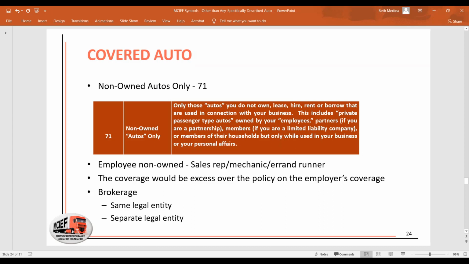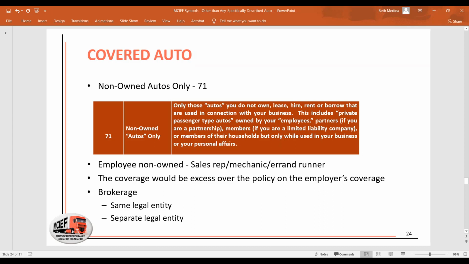And this is a concern you have when offering hired auto or any auto if your insured has brokerage in the same legal entity. Because in a brokerage situation, where a broker accepts a load from a shipper and then gives it to a motor carrier to haul, that vehicle is not owned by the broker. It's not leased, hired, or rented by the broker or borrowed by the broker.